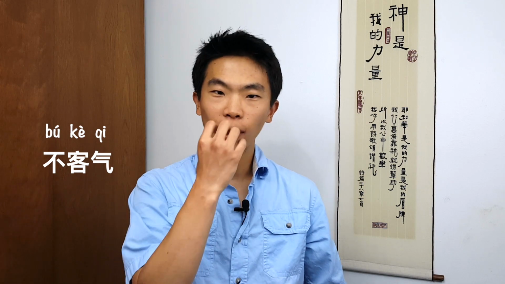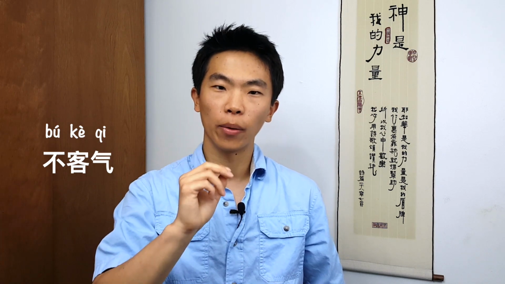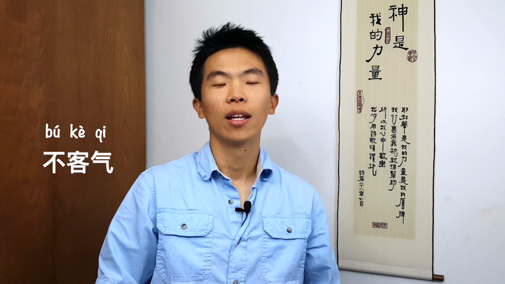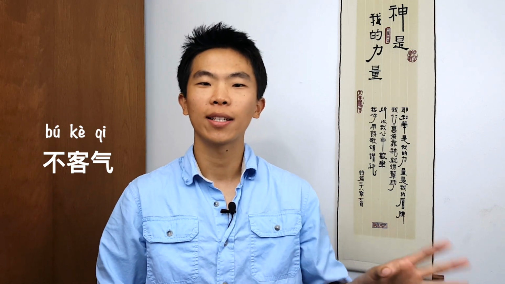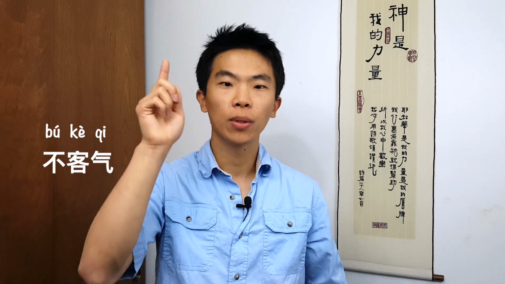So you still want that clenched sound, you're pushing air through your teeth, but your tongue is a little bit lower and forward. Qi, qi. Normally you would say this word by itself with a falling intonation, but in this phrase you can say it with a neutral tone. So 不客气, 不客气.